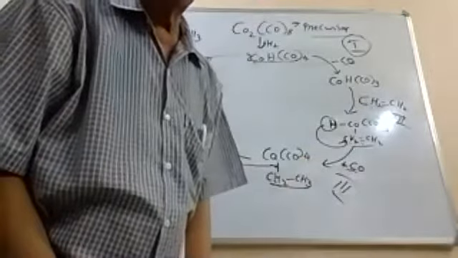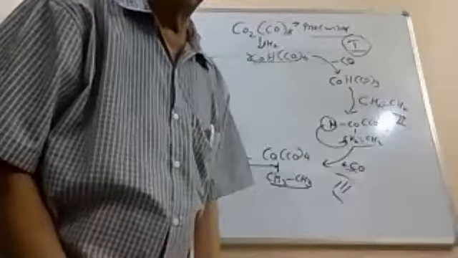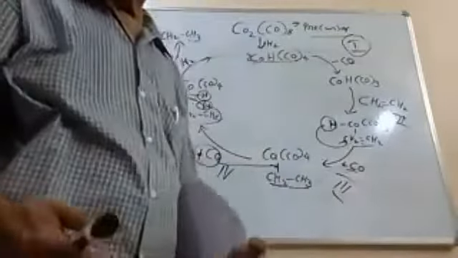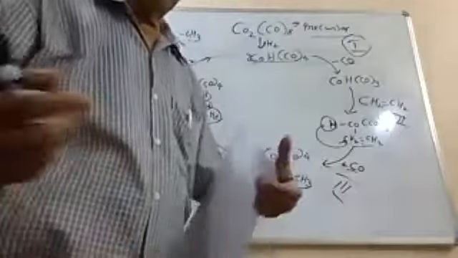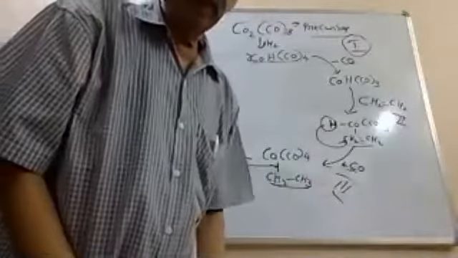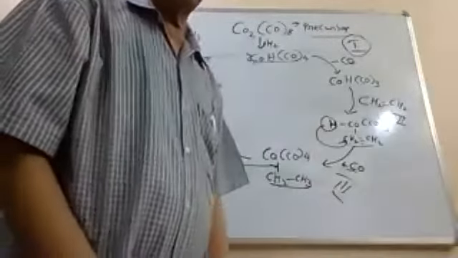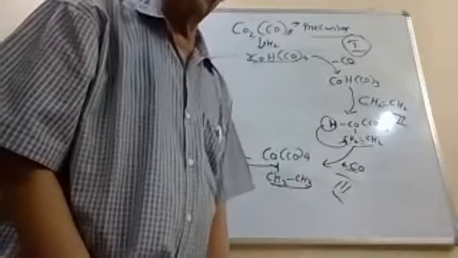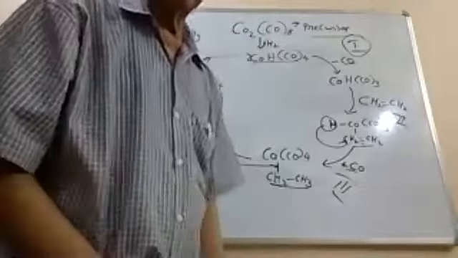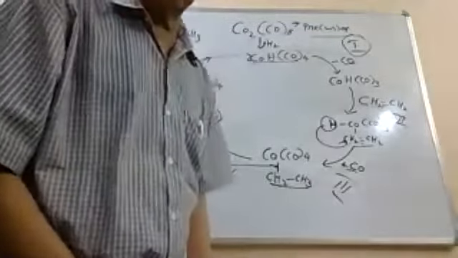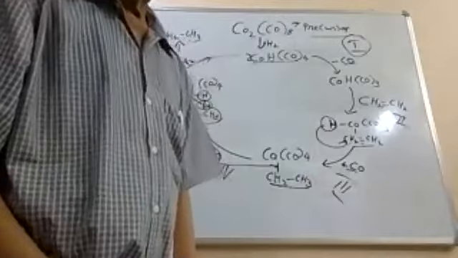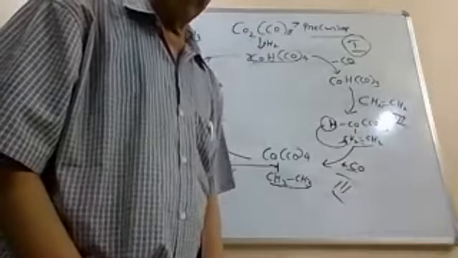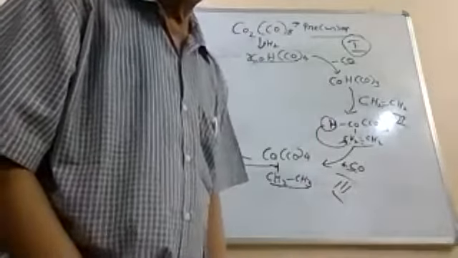So that's all academic curiosity, and the industry loves it. Because once you understand the mechanism, it gives you some kind of control on how you can improve the yield or the rate of the reaction. So that's why a lot of work goes on in terms of homogeneous catalysis. And there are several groups in this country. Those of you who are interested in pursuing this can join one of those groups working on homogeneous catalysis.